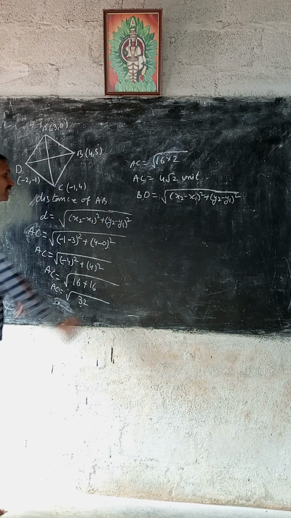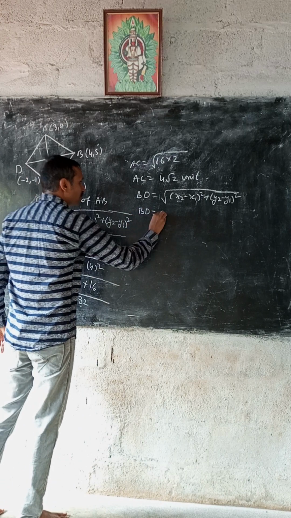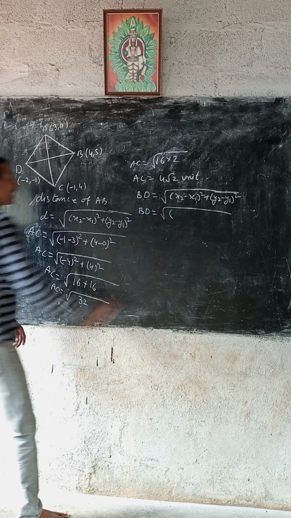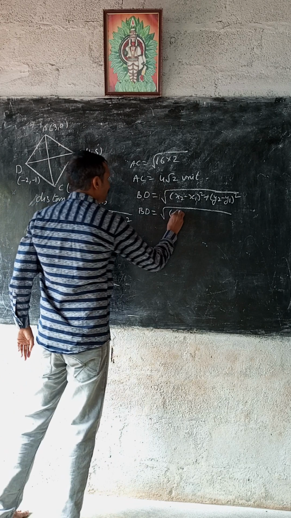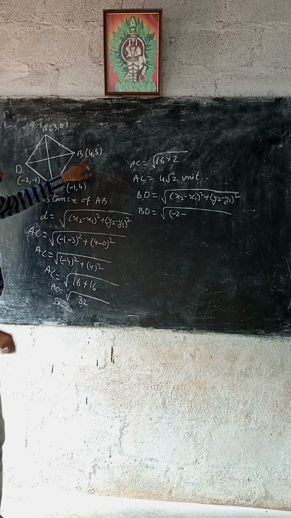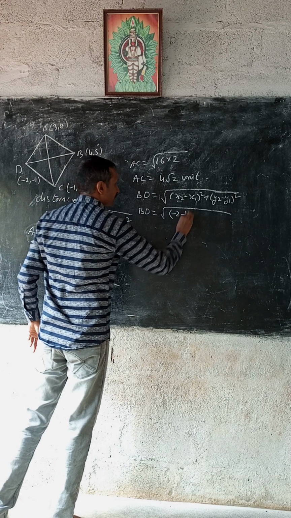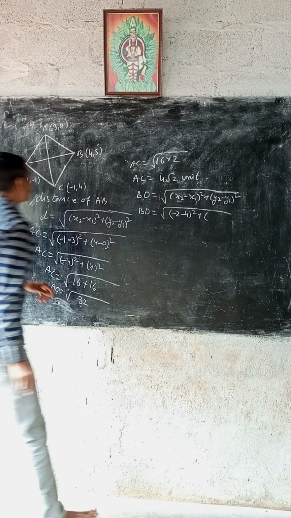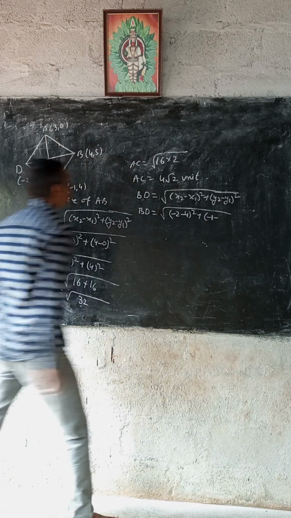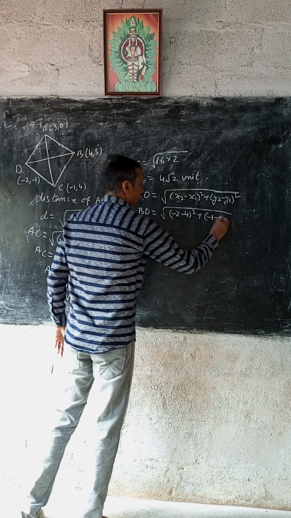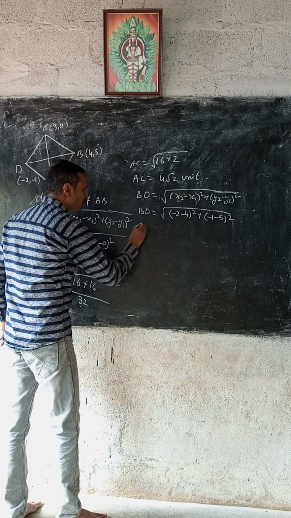Taking B as point 1 and D as point 2, we get minus 2 minus 4, whole square, plus minus 1 minus 5, whole square.